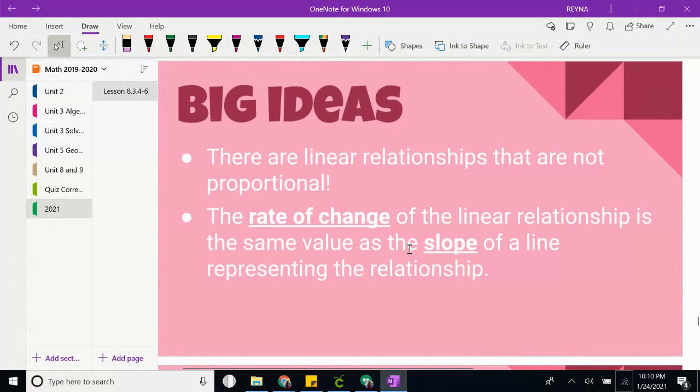All right, so what are our big ideas for today? We want to know that just because an equation can be linear doesn't mean that it has to be proportional. I also want you to know that rate of change is the same thing as slope, which is the same thing as your, there's one more.